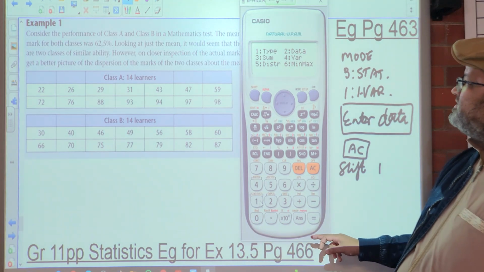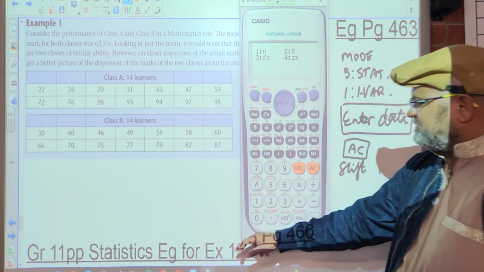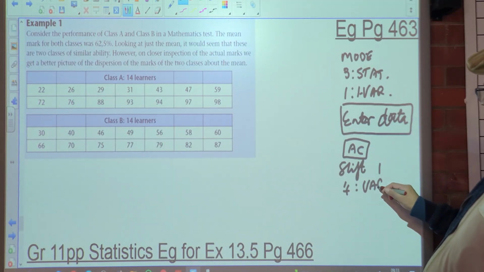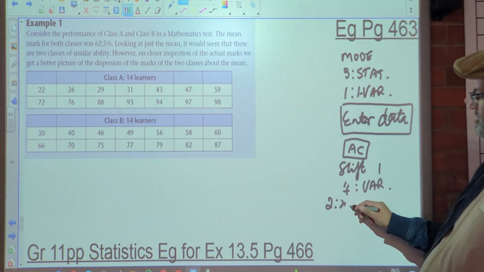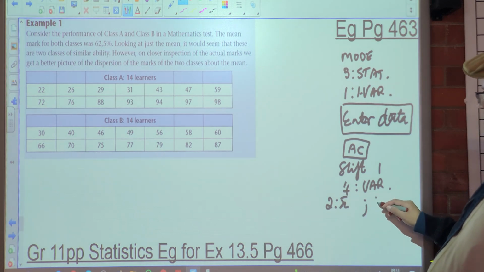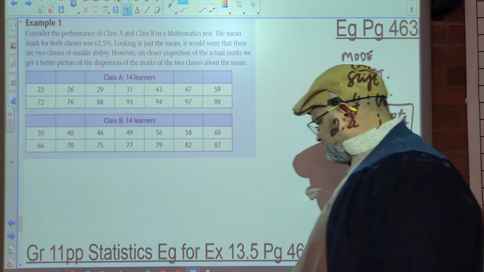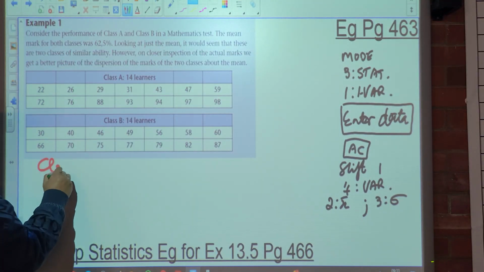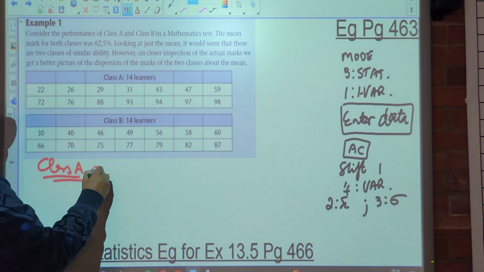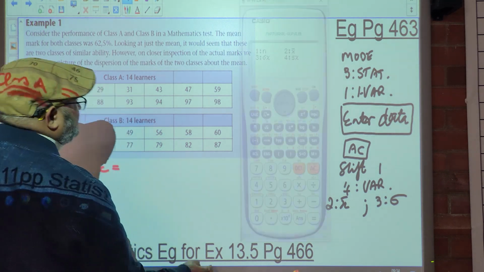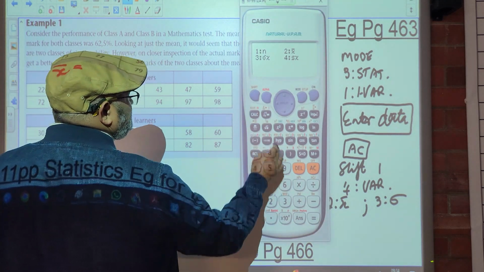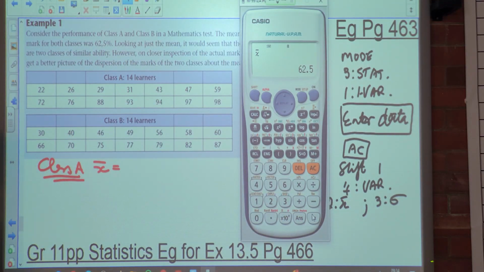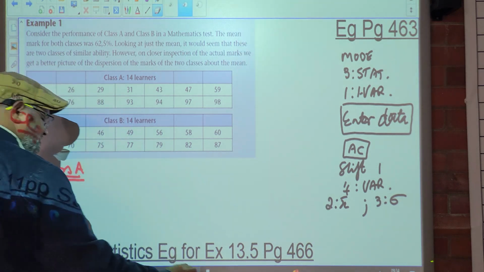Shift 1, 4 for variance, 2 for mean, and 3 for standard deviation. So for set 1, class A, your mean should be the same as the one given. 62.5 was given there, not so? So that wasn't the question.